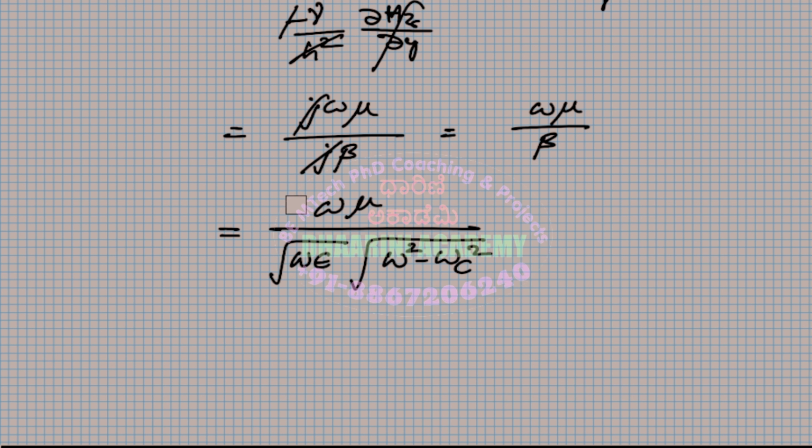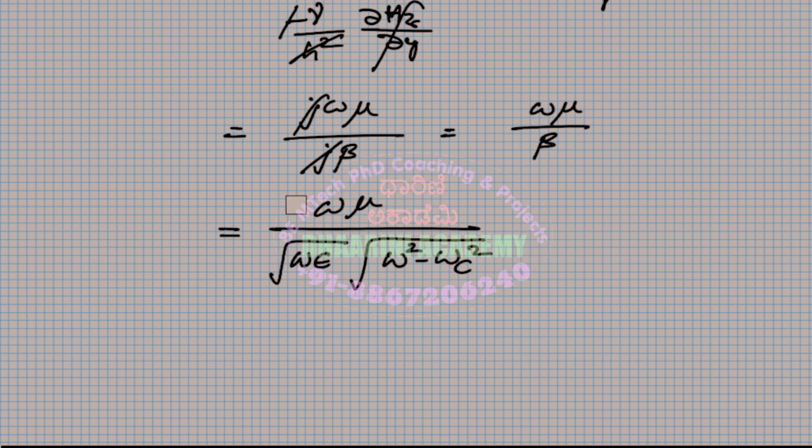This root mu cancels with the numerator mu. So I can write now this is equal to, once again, root of mu by epsilon times 1 divided by, I'll take the omega inside, so that is omega square minus omega c square divided by omega square, right?